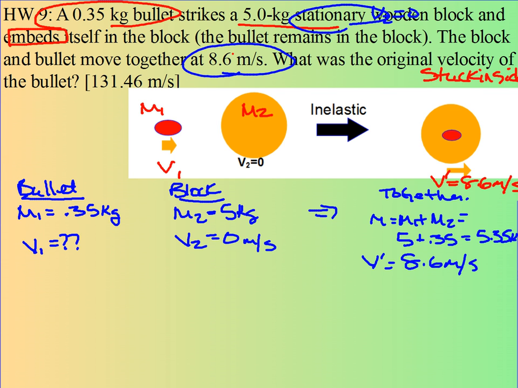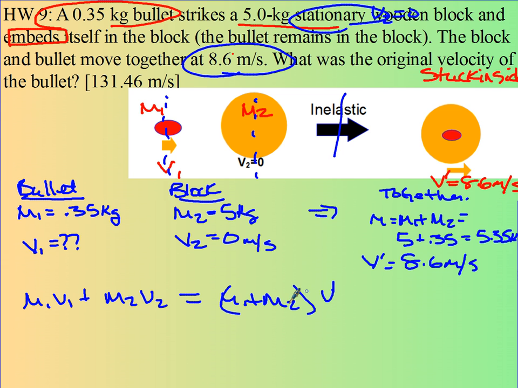All right, now let's write our conservation of momentum. M1 V1 plus M2 V2 equals M1 plus M2 times V prime. Now, let's see, what equals 0?